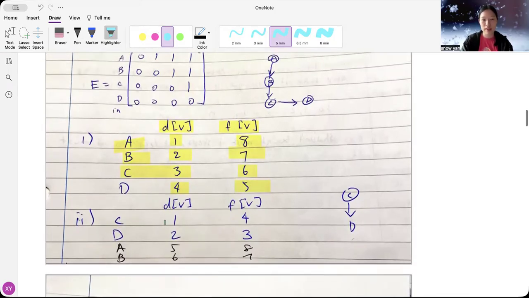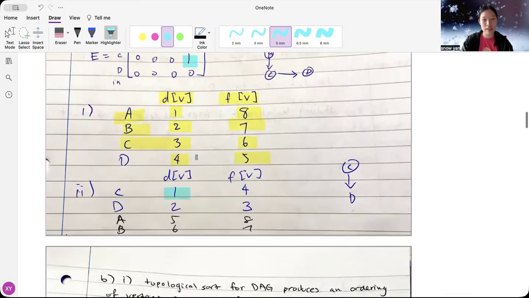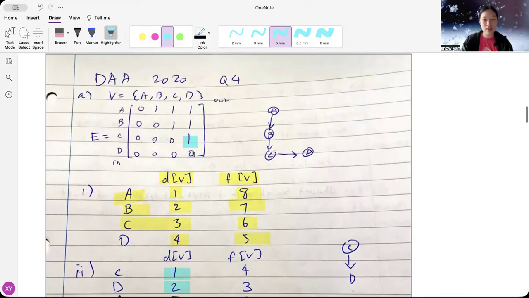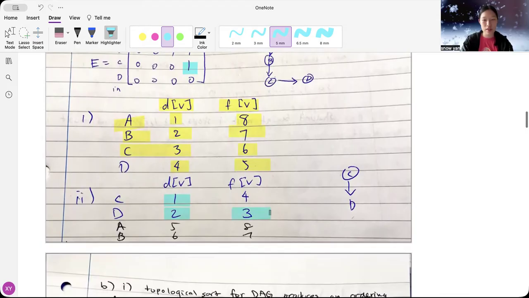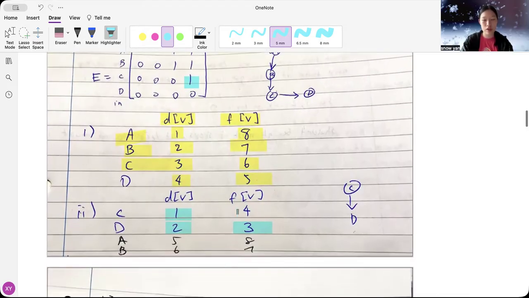If we're starting off at C, C's discovery time is 1, and then we see that C leads to D, so D's discovery time is 2. And then we see that D is finished because it doesn't lead anywhere. So D's finish time is 3, and then we go back to C and C is finished, so C's finish time is 4.